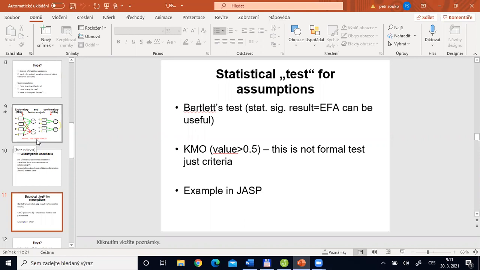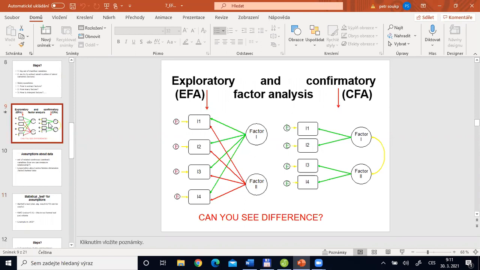I would also briefly cover the difference between principal component analysis and exploratory factor analysis, only for you to know about these differences. So here we have slide number 9, and the pictures here are trying to differentiate between exploratory, the left panel, and confirmatory, the right panel, factor analysis.